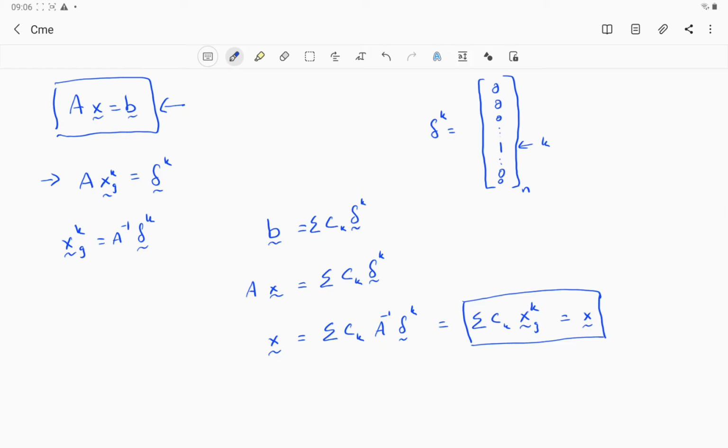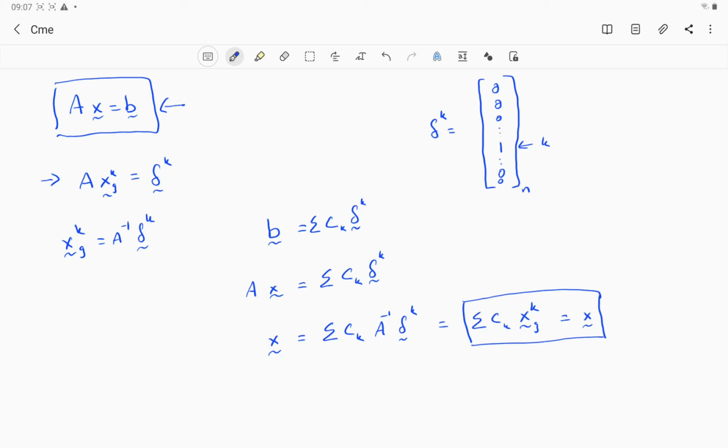But the thing is, once we have a set of Green's functions corresponding to A, then the solution is nothing but a linear combination of those Green's functions, isn't it?